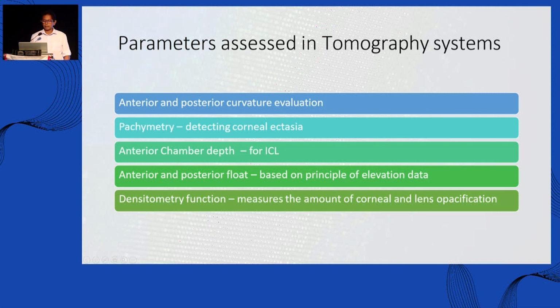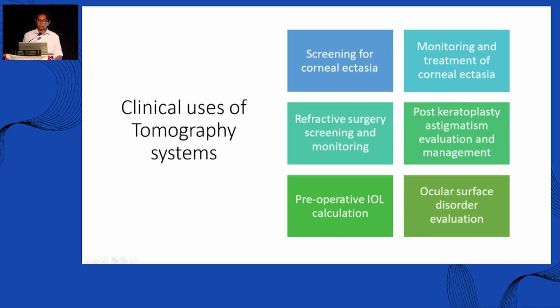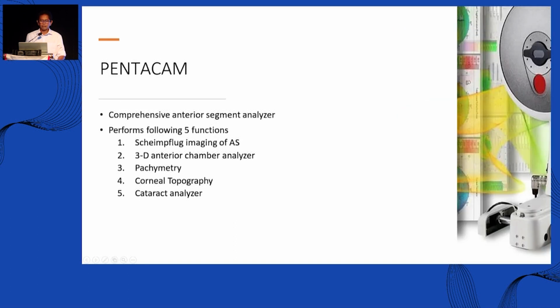And it can also measure the corneal and the lens opacification using densitometry. So these are the uses of a tomography Pentacam system. So Pentacam, as I said, is a comprehensive anterior segment analyzer which does these 5 functions.